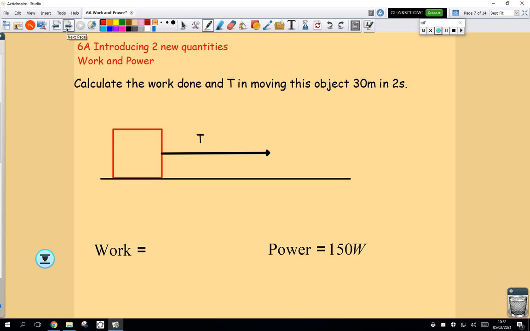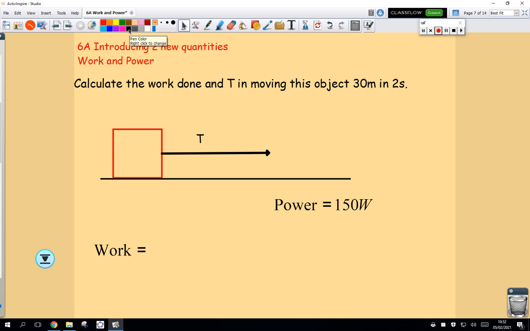Calculate the work done on T in moving this object 30 meters in 2 seconds. So I'm trying to find the work done. To find the work done, I need to know the force. Work is force by displacement. I don't know the force, so I can't go that route. However, I am given the power output here.